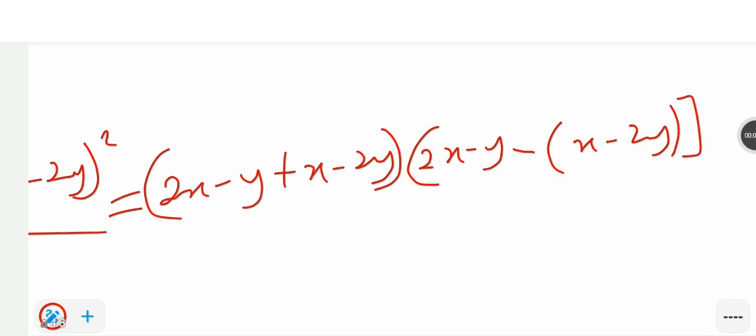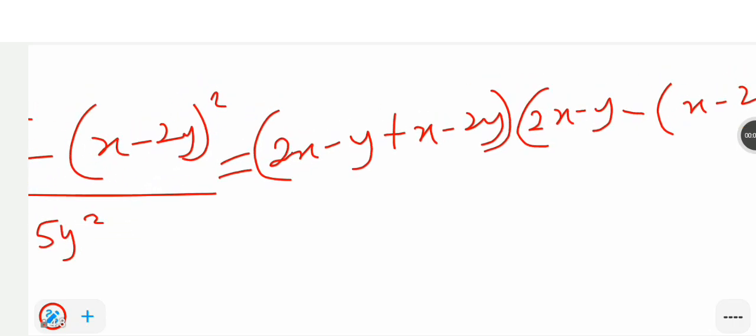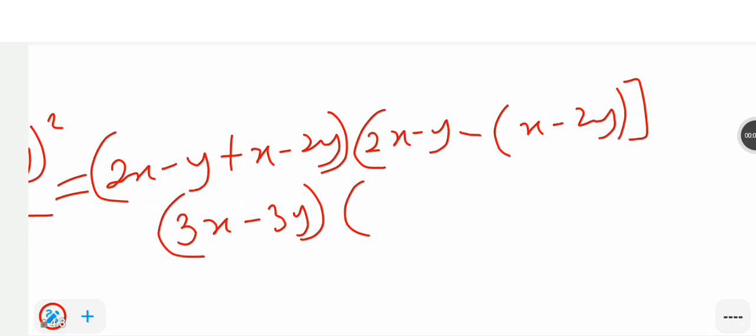So simplify further. 2x plus x is 3x, minus y minus 2y is minus 3y. So this will give you 3x minus 3y. By the time you come here, you're going to have 2x minus y. I'm opening the bracket, so you have minus x.